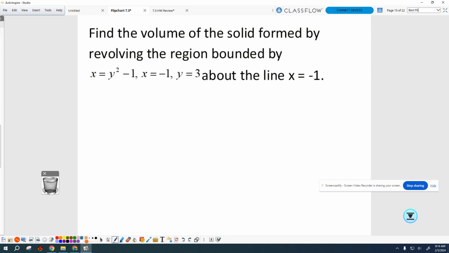Draw the picture. Set up the equation. 16 over 15 times pi. I think I messed up on the basic portion. Do you have the same starting number? Yeah, negative 1 to 1, times 2.